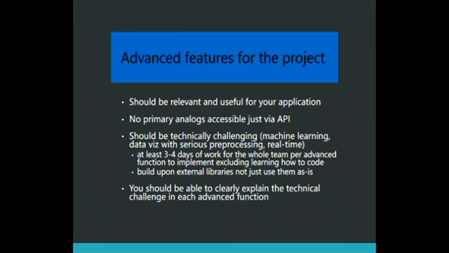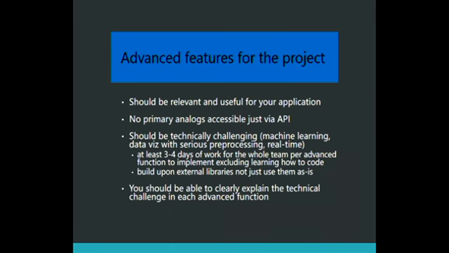Right. So as for the advanced feature, it should be relevant to your main project, right? So if you decide to do a shopping website, it has to be something that helps you improve your shopping experience.